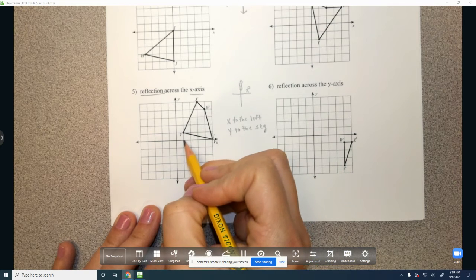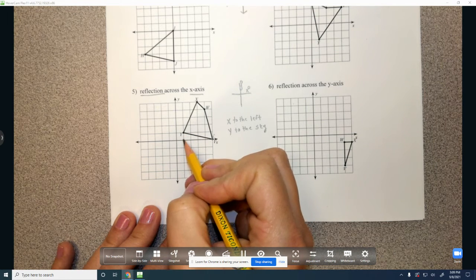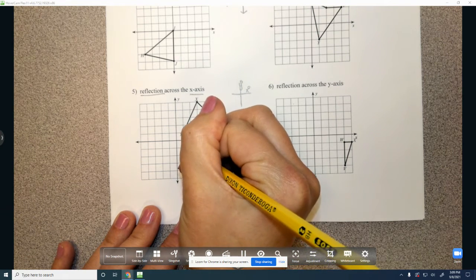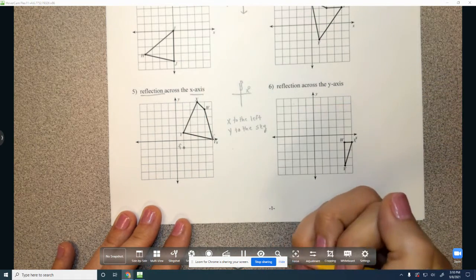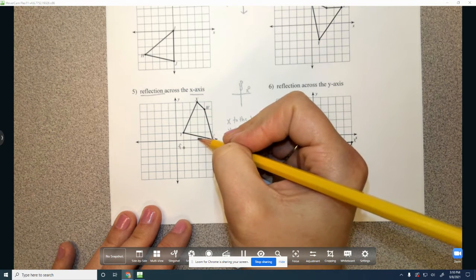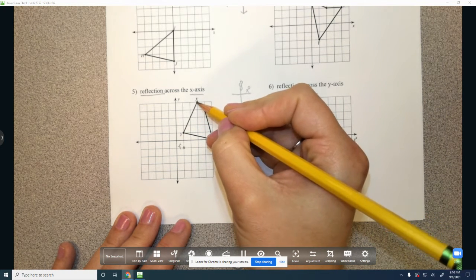And then I'm going to go ahead and reflect my Y. The way to do this is to look. Y is 1 unit up. So I know when I reflect it, it needs to be 1 unit below my x-axis. So that's Y prime. And then my X is, goodness, 1, 2, 3, 4, 5 units up.